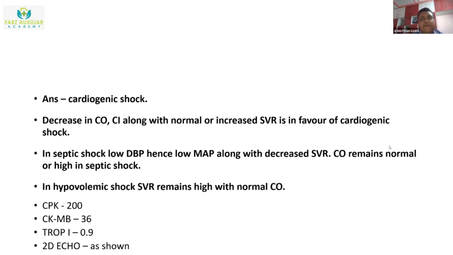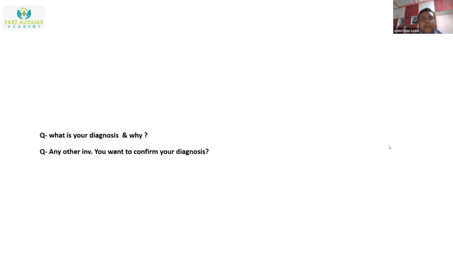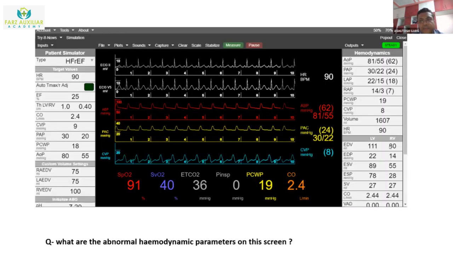So filling pressures are very important. If filling pressures are high, then it's cardiogenic shock. If filling pressure is low, then it's hypovolemic shock. And if diastolic blood pressure is low, it means septic shock. What is the pulse pressure? Systolic minus diastolic.